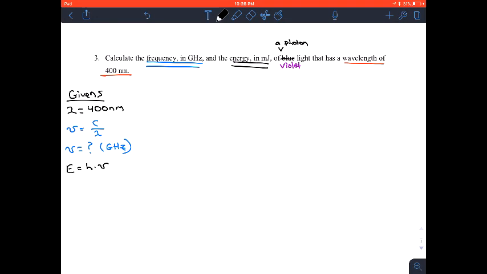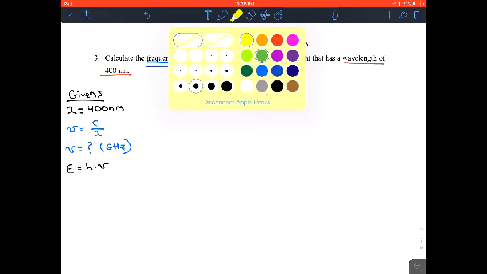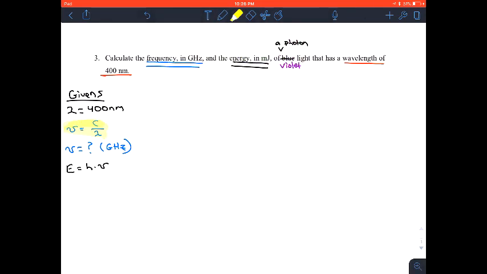So you always want to use the value that's given to you. Okay, even though we could calculate frequency by using this equation, you don't want to use something that you're calculating. Main reason why, you're not 100% sure that it's correct, right? A lot of times, especially as first-year students, you're not sure if your answer is correct until you get some sort of feedback response from it. So that's the reason why you don't want to use the frequency that you're calculating.